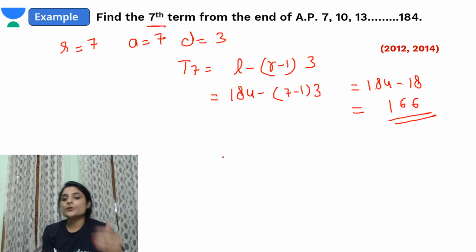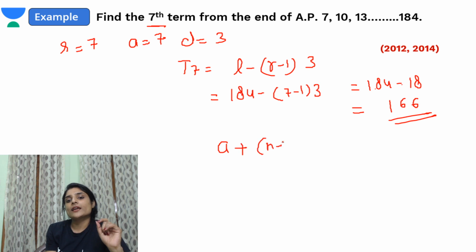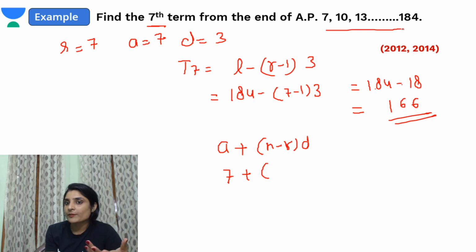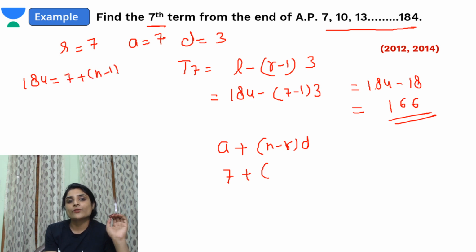Now I want to use the first formula, a plus (n minus r) into d. So your a will be 7 plus n. You need to calculate the total number of terms first. So 184 is equal to 7 plus (n minus 1) into 3. So you need to calculate 184 minus 7, and it will be 7 and 7, n minus 1 into 3.